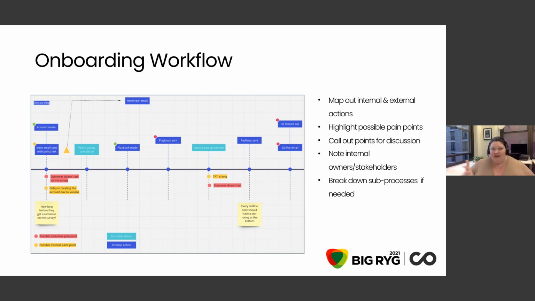Within a big process like onboarding, there's oftentimes lots of little workflows that happen, and so it might make sense to map those out as well. So again, this is not typically part of the force field framework, but I think it's an important step if you're trying to really deeply understand a process, especially one that you might be new to.